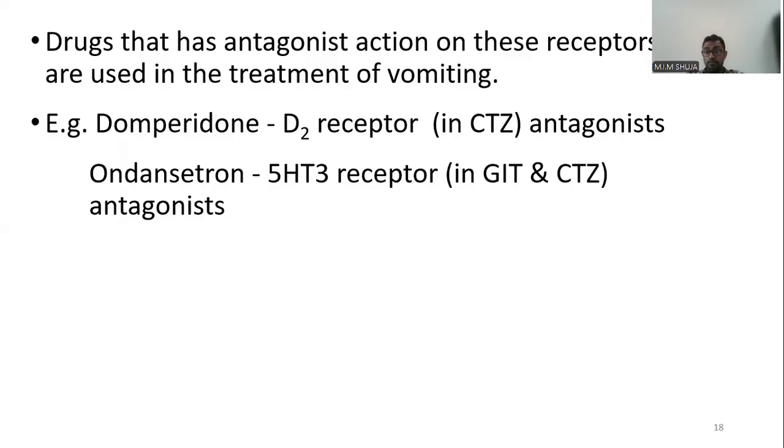By blocking the D2 receptors, domperidone reduces chemoreceptor trigger zone stimulation and helps control vomiting. Domperidone also has a prokinetic effect on the upper gastrointestinal tract. This means it can help improve gastric emptying and reduce nausea related to delayed gastric emptying.